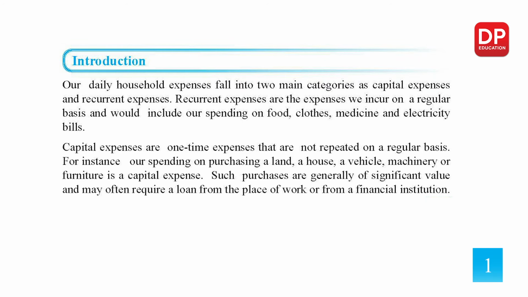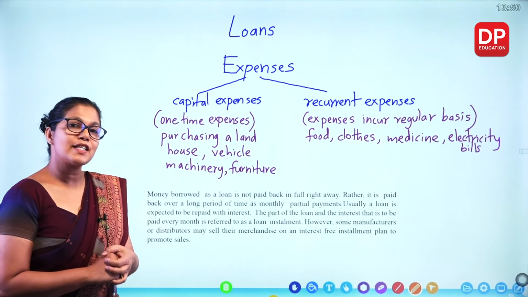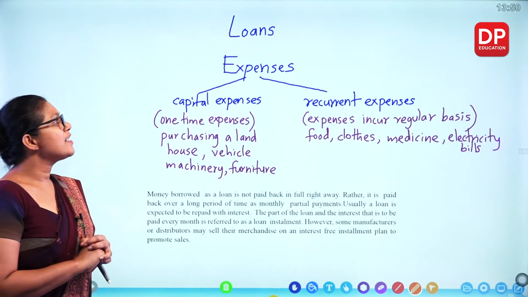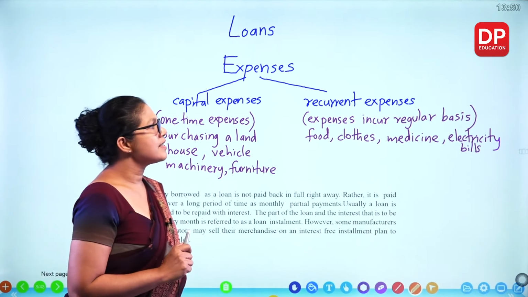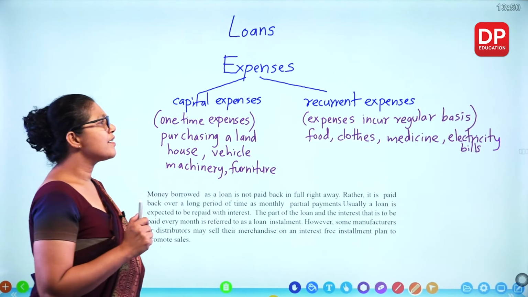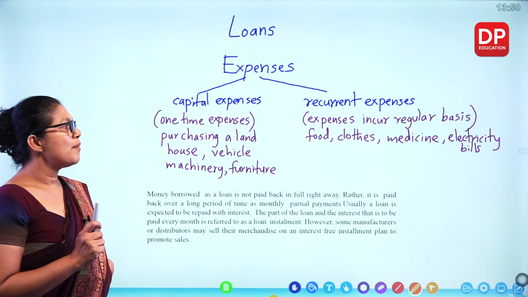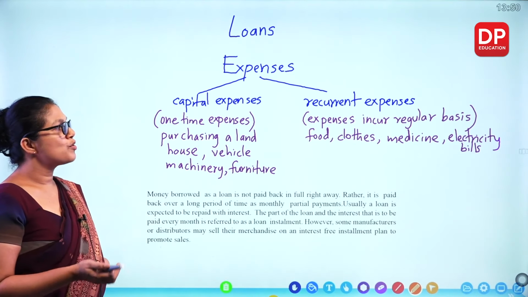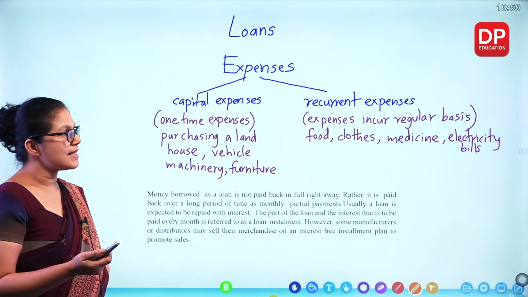Now we need to talk about loans and expenses. When you take daily expenses, we can divide them into 2 parts, capital expenses and recurrent expenses. So what are recurrent expenses? Expenses incurred on a regular basis. For food, clothes, medicine, electricity bills, we have to pay on a daily basis.